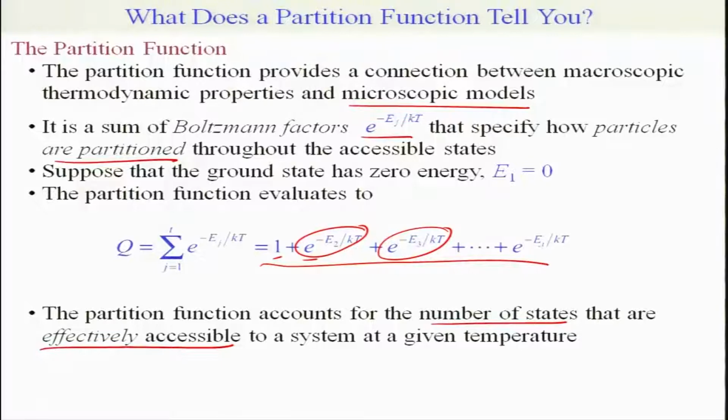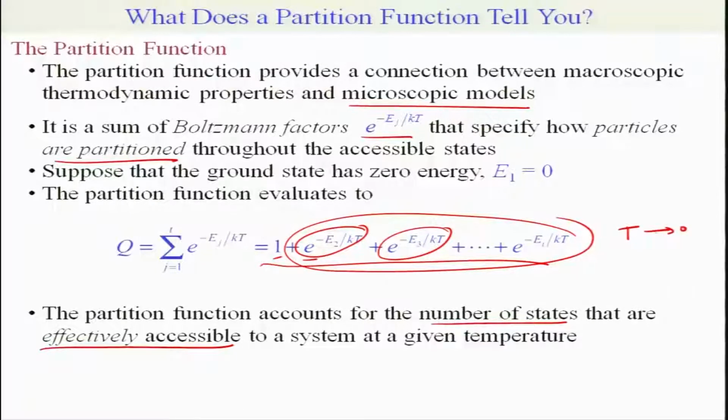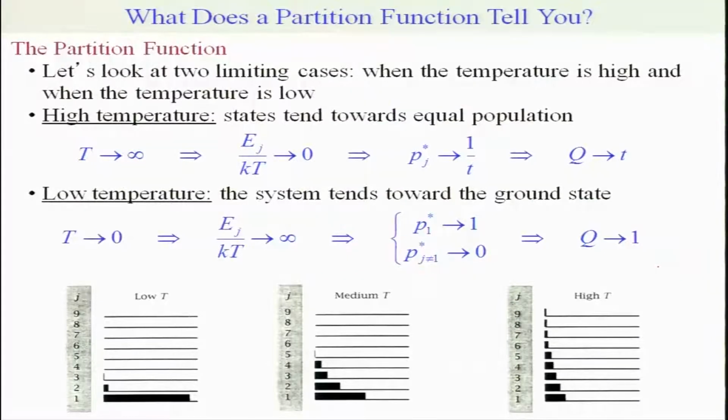And now, this is certainly dependent on the temperature. So, if you vary the temperature, T goes to 0 or T goes to infinity, you can clearly see what would be the partition function in such limiting cases, which we can now understand.